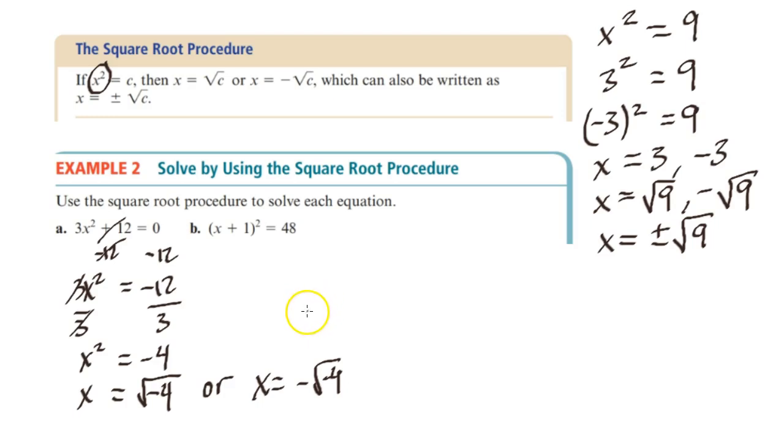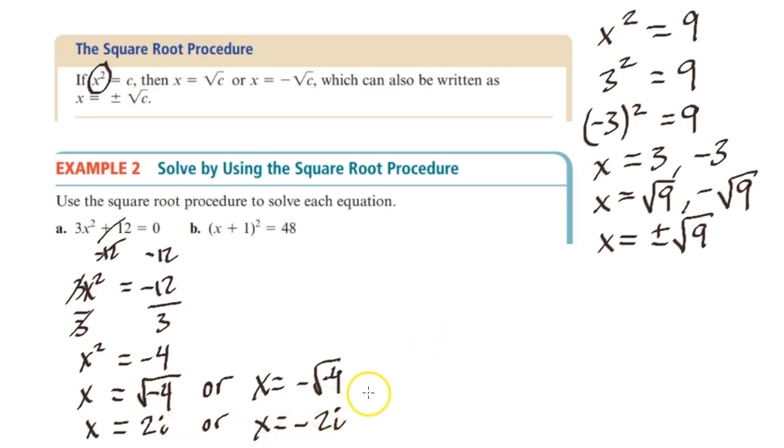Back when we were studying complex numbers, we know that we can simplify the square root of negative 4 to x equals 2i, and then we could also say or x equals, now this solution would be negative, and then the square root of negative 4 is 2i. If you need a little bit of a review over complex numbers, please review where we studied complex numbers in chapter P. But you'll see that this would be the solution. We have the positive 2i and the negative 2i.